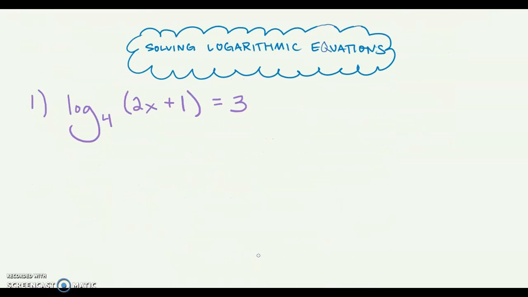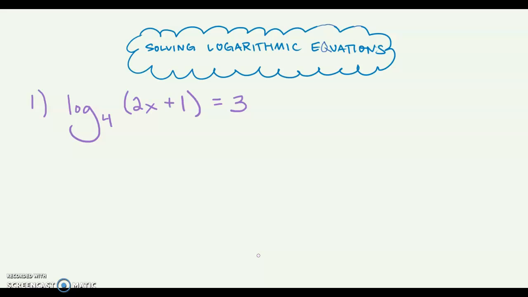For number 1, check it out. We have a log that's isolated equal to a number. When we have a log like this that's in standard form and we have our variable in our argument, we're going to solve this by rewriting this log as an exponential function.